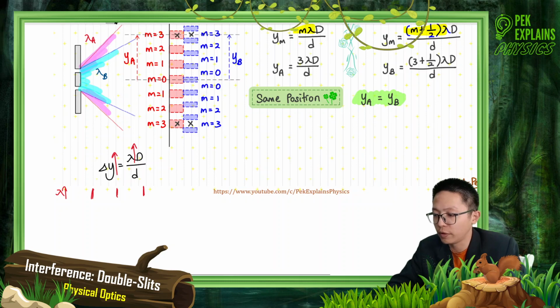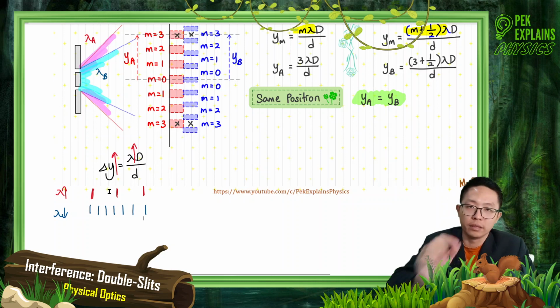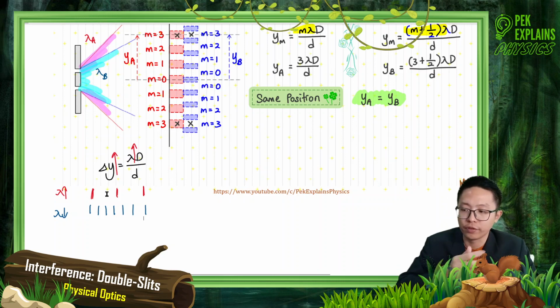If you have a small wavelength, then the separation is much closer to each other, and you can see more fringes. Understand or not? The separation is much lower. A longer wavelength results in bigger separation between the fringes. A smaller wavelength results in smaller separation between fringes.